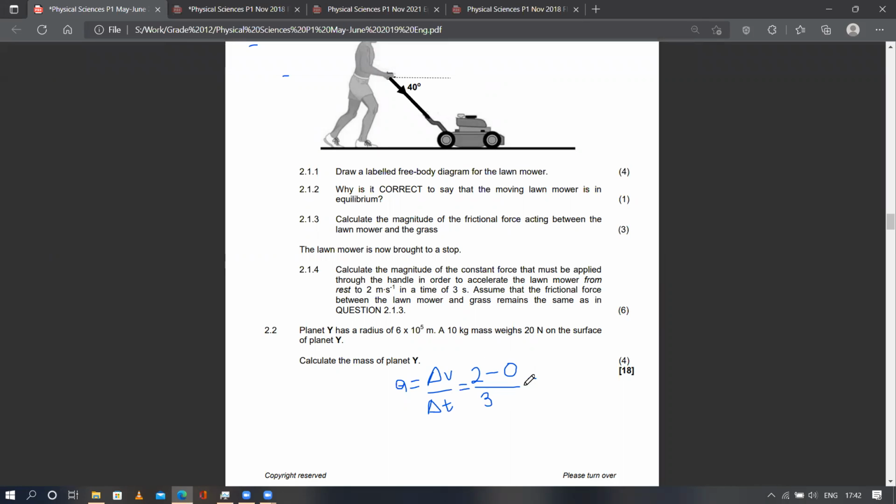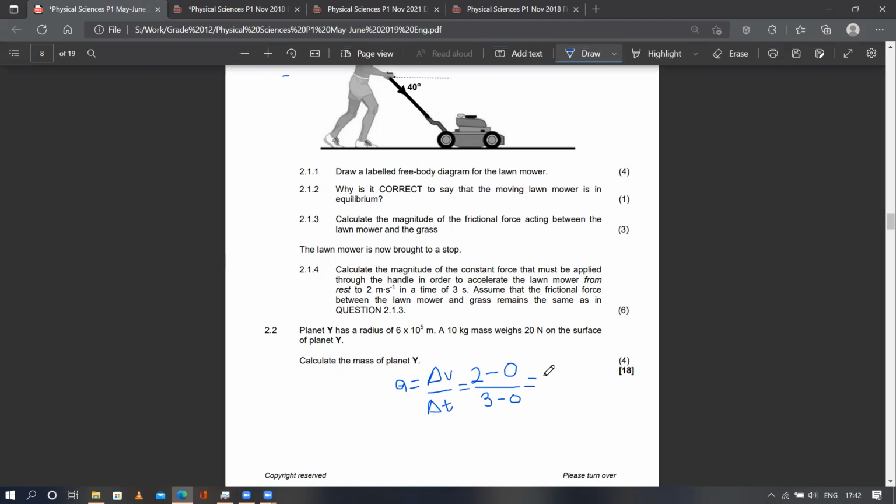So it's going to go from 0 to 3 seconds. So 2 over 3, basically an acceleration of 0.67 meters per second squared.